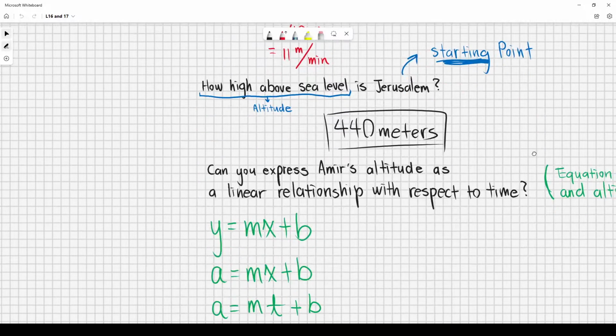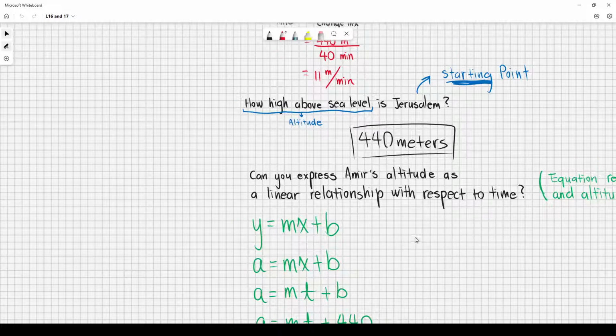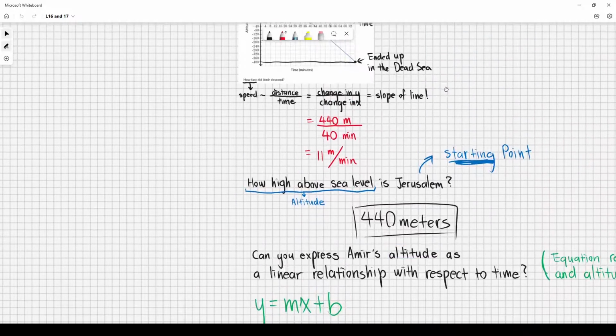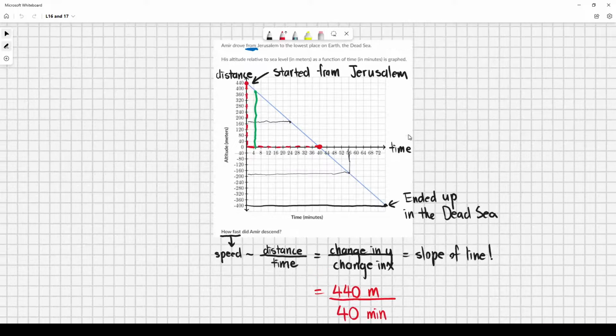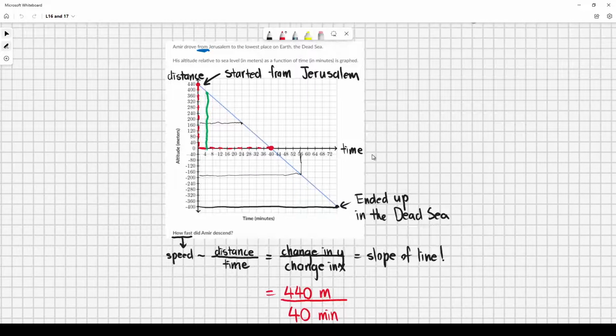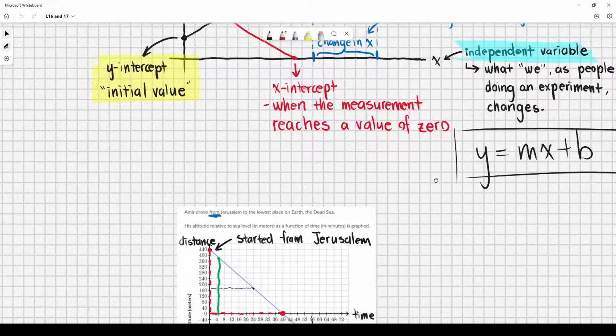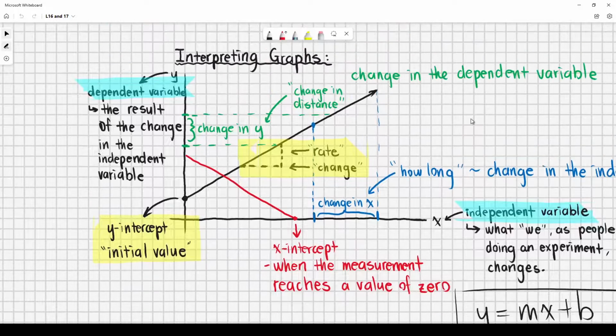And then the last thing we talked about was putting an equation to the line. So what is the purpose of putting an equation to a line? Well, it's so that for any given time, we can find exactly what the y value is. So actually, let me use this graph over here.